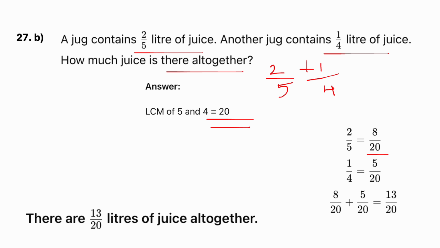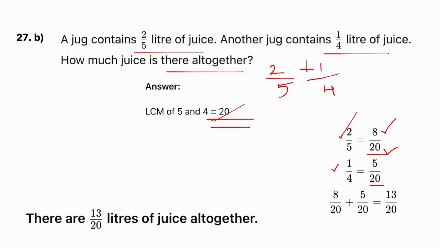See, first take 2 by 5. For this fraction, you have to find an equivalent fraction such that the denominator is 20. So, 5 into 4 is 20. So, 2 into 4 is 8. Then, next fraction 1 by 4. We have to convert this into an equivalent fraction such that the denominator is 20 because our LCM is 20. 4 into 5 is 20.